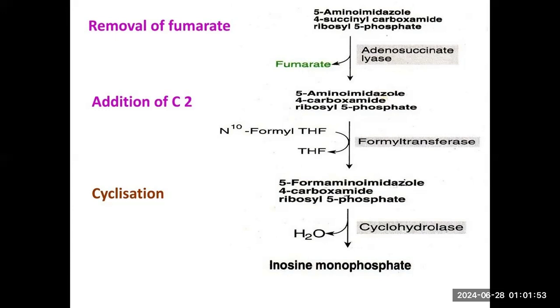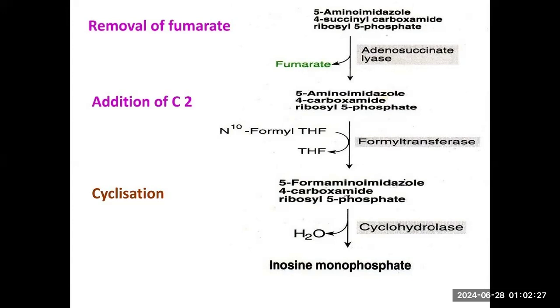Then one more carbon is to be added to this one, and the donor molecule is N10-formyl tetrahydrofolic acid. By the action of the enzyme formyl transferase, we get the formation of 5-formamido imidazole 4-carboxamide ribosyl 5-phosphate.